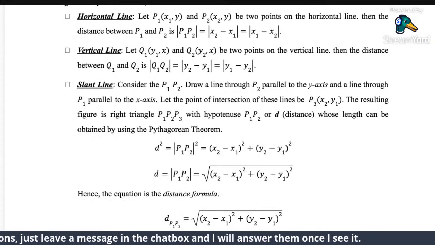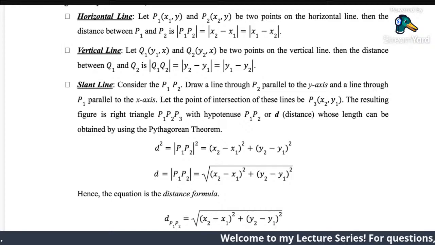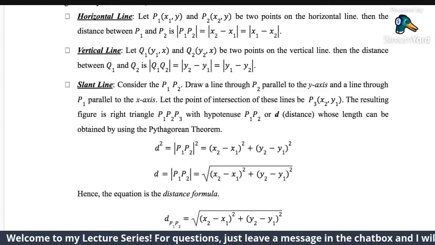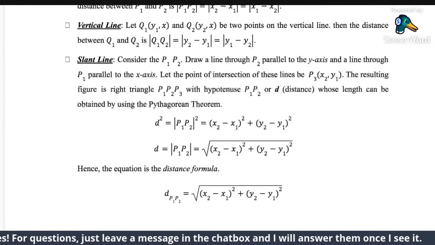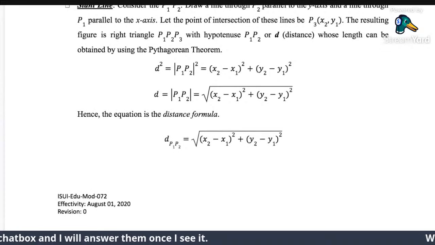Now for vertical lines. For a horizontal line, you just take the absolute value of the difference of the x coordinates. For a vertical line, you just take the absolute value of the difference of the y coordinates. Now, for a slant line, we will make use of the distance formula. And I'm sure all of you are pretty much familiar with the distance formula.